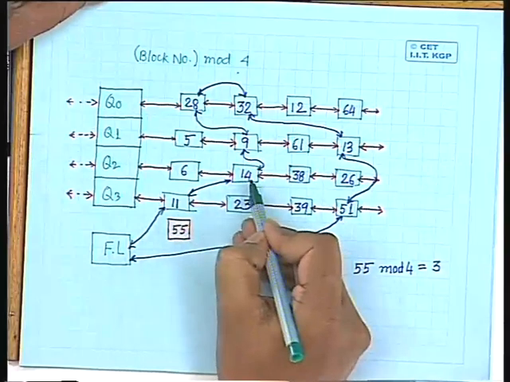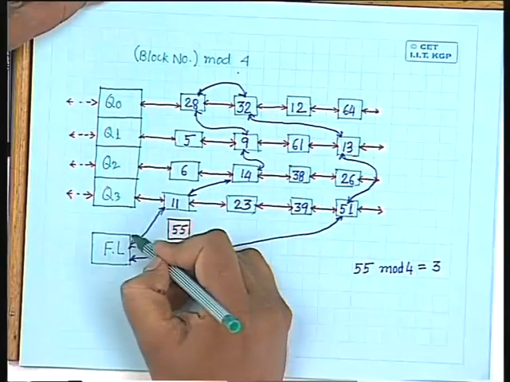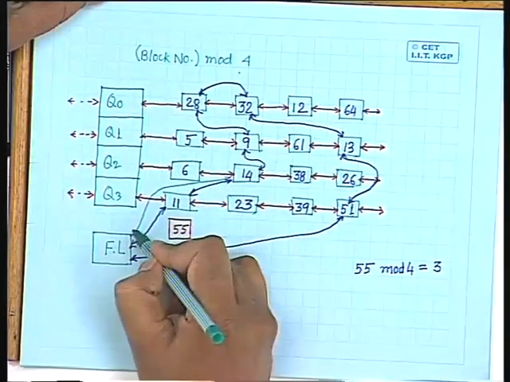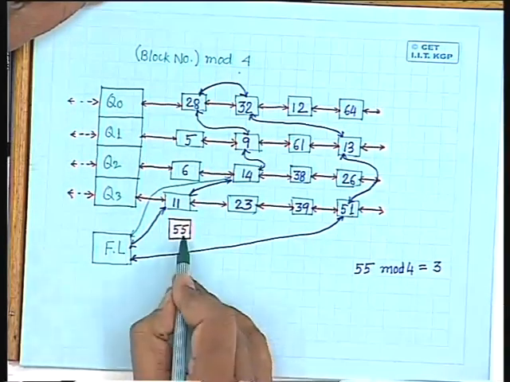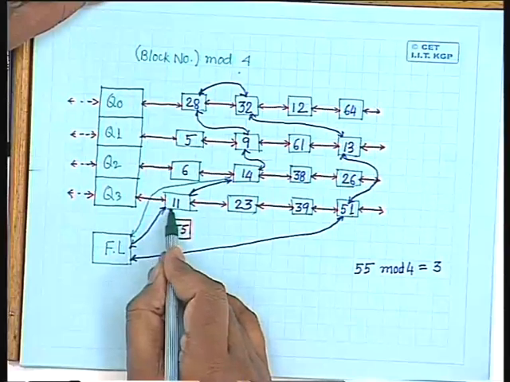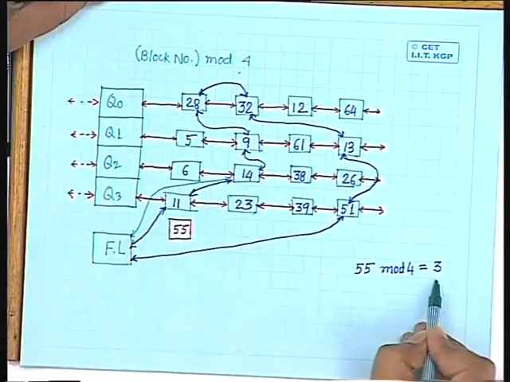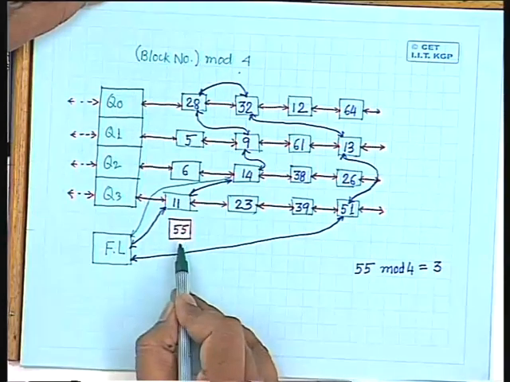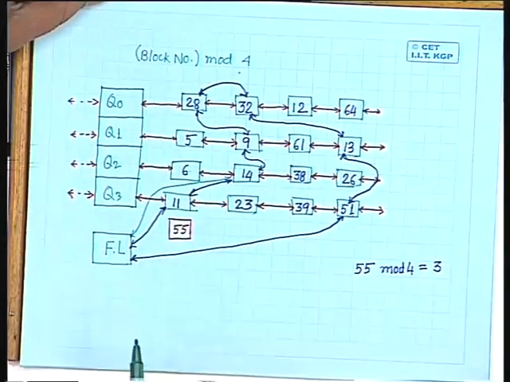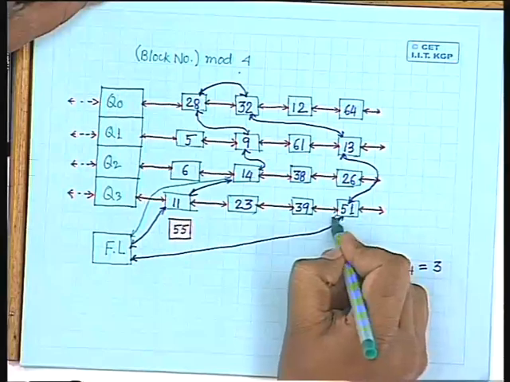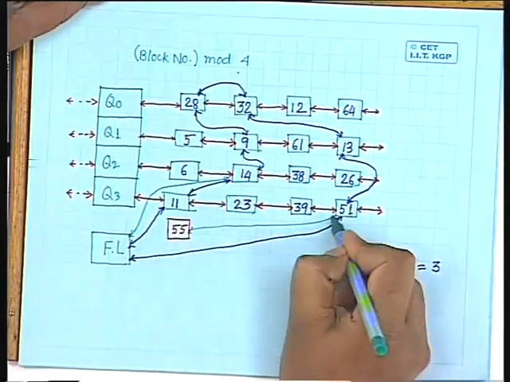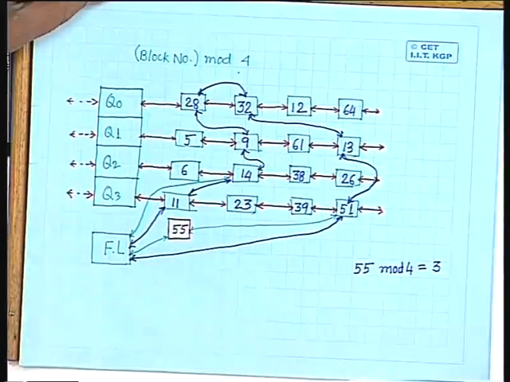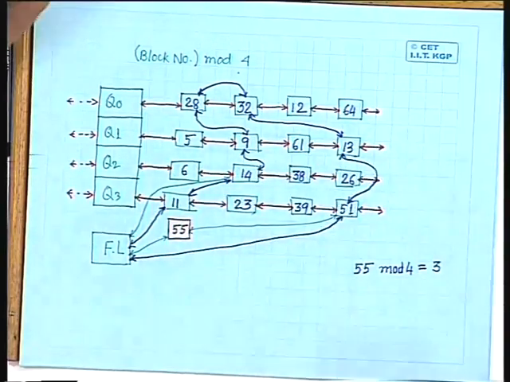So the next least recently used buffer in the free list is block number 14. I have to modify the pointers like this, and 55 will appear in the same hash queue, because it is hash queue number 3 only. It remains in the same hash queue, but its position in the free list will be different. Now your free list will appear something like this. The other nodes in the free list remain intact.